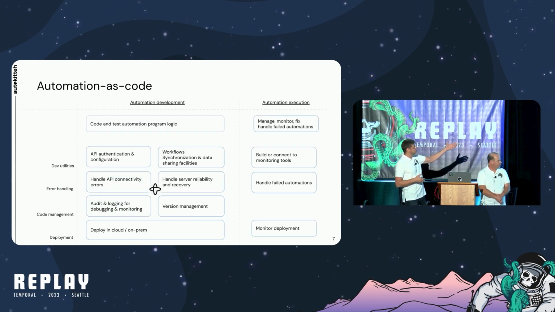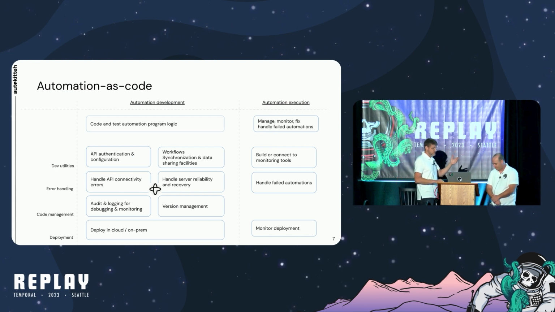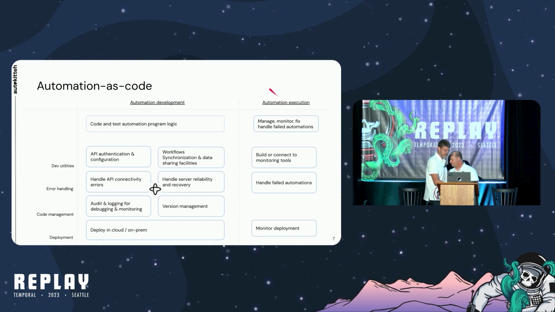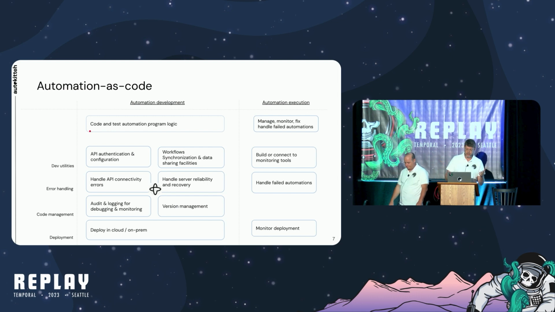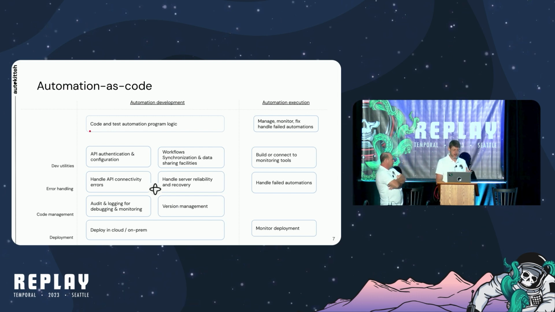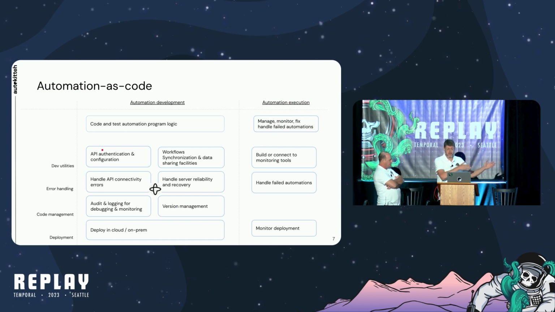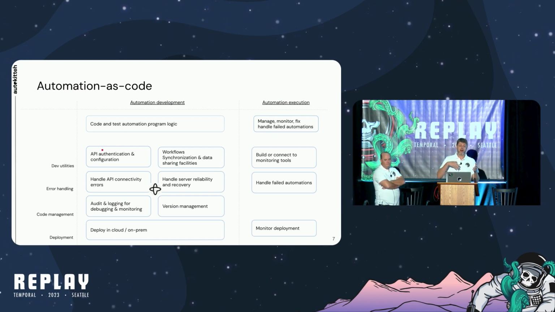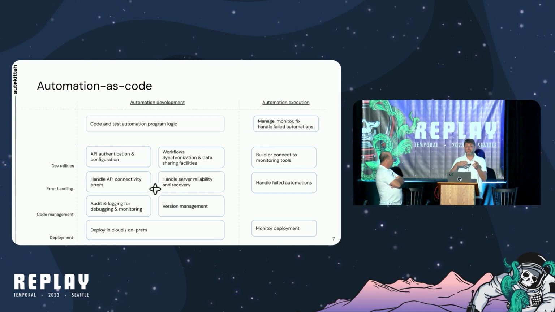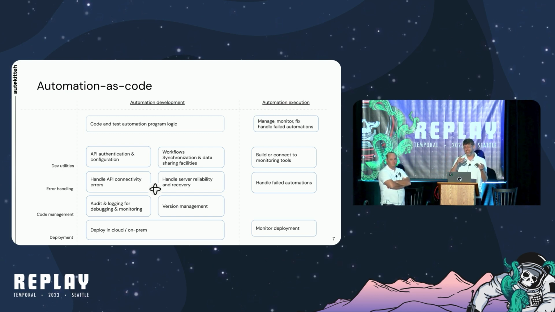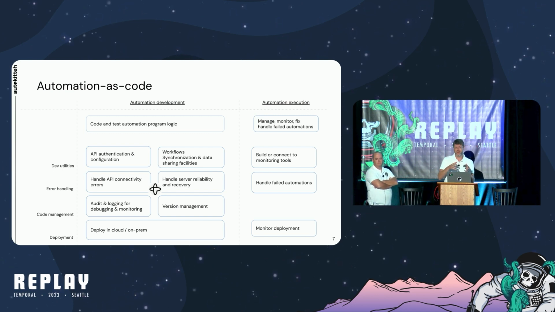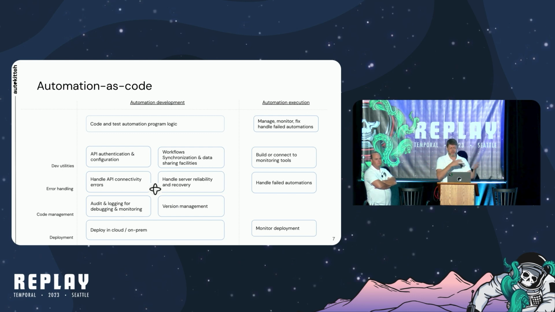So to develop an automation, of course, you need to write your code, right? And test it and all of this. But then you have to take care of APIs and authentication if you're connecting external systems. You have to take care of sharing data between APIs, then between workflows. Then you have to have databases to connect and share information.